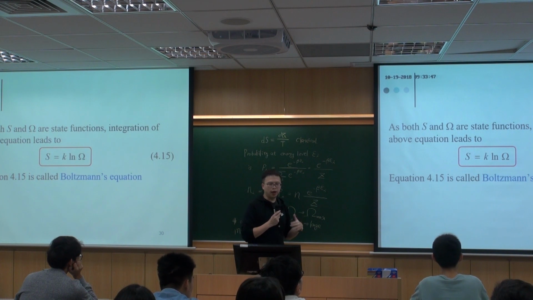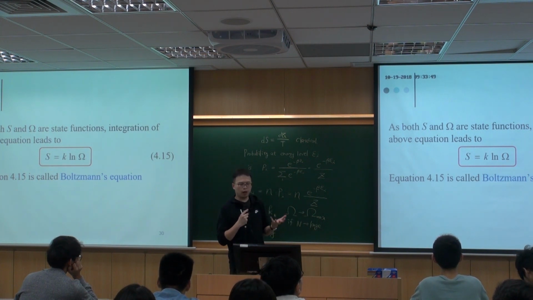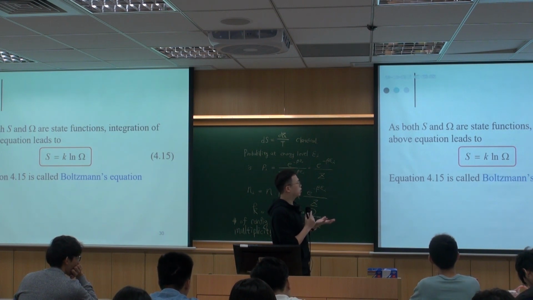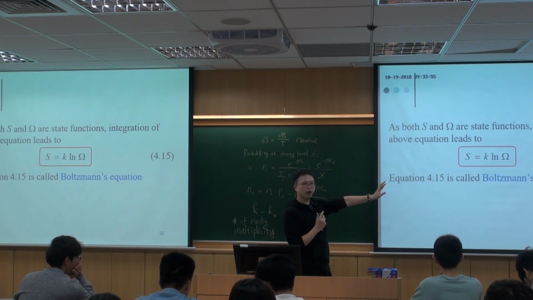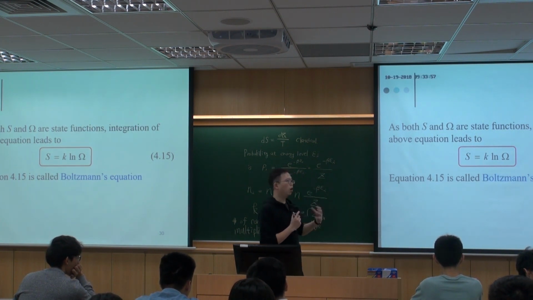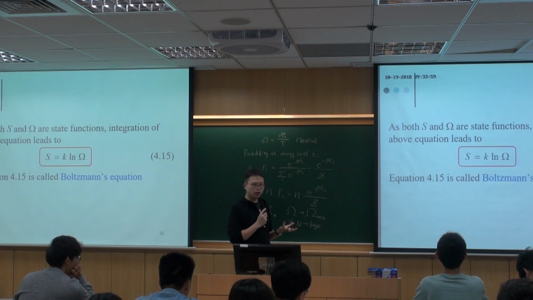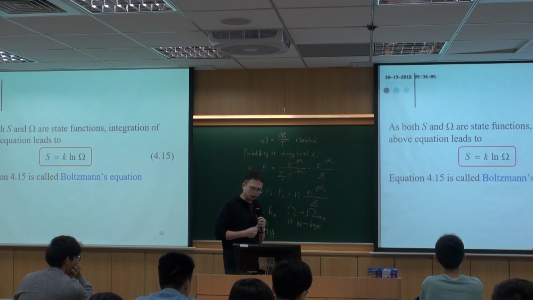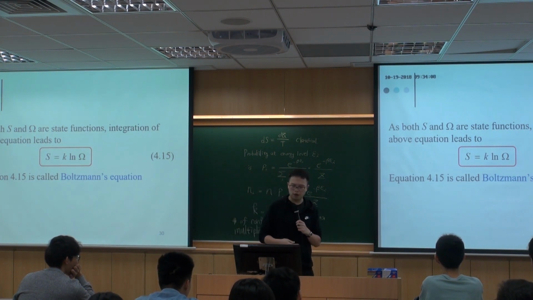Later we'll see that if you just observe your system in a macroscopic way, there's no way for you to determine omega. You have to understand its microscopic configuration in order to define omega. And later today we'll go through that for an ideal gas.